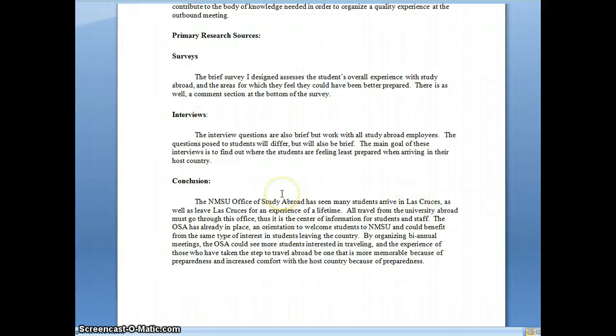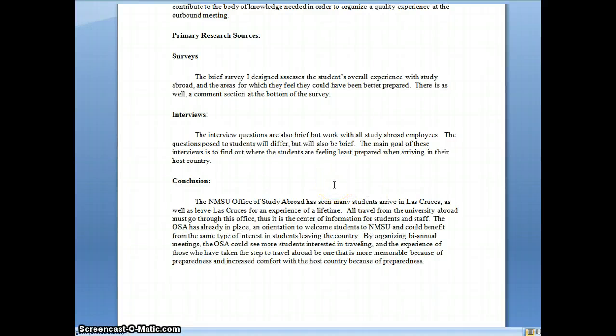Now in this audience and research memo, you actually plan the kind of surveys, interviews, and secondary data sources that you will use to document the problem. And this memo not only helps you document the problem, but it helps you research the kinds of solutions that will be effective that you will implement for the final proposal.